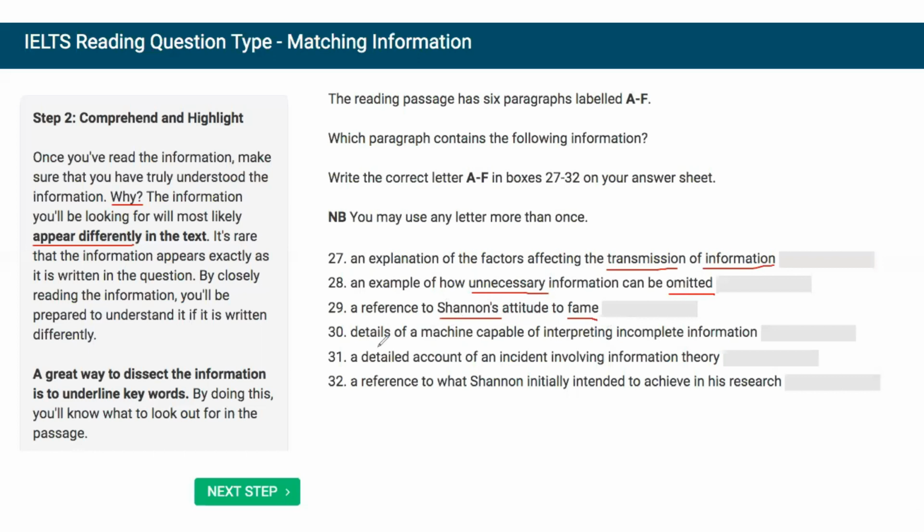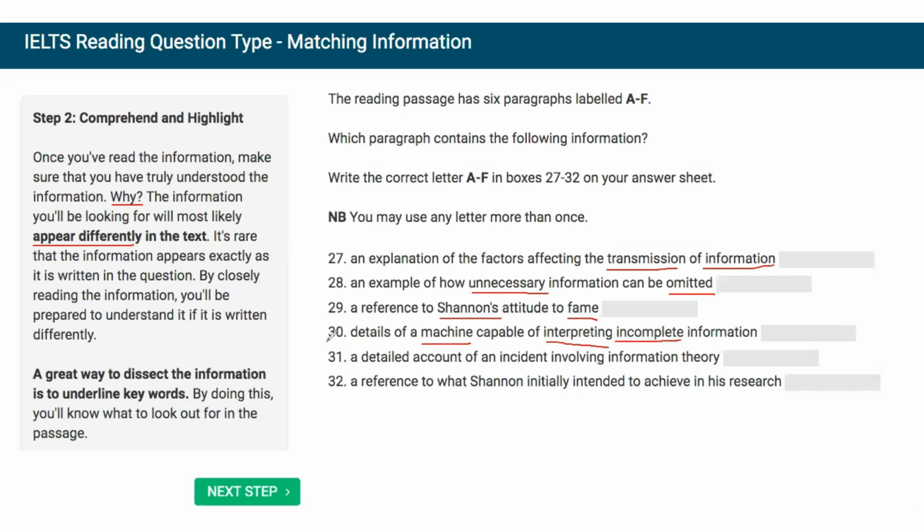Number 30, details of a machine capable of interpreting incomplete information. Keywords here would be interpreting. Again, it's the first time we've come across this word, or the fact that it's a machine. Machine is also quite important. And another one could be incomplete. These are the three keywords that really pull apart number 30.